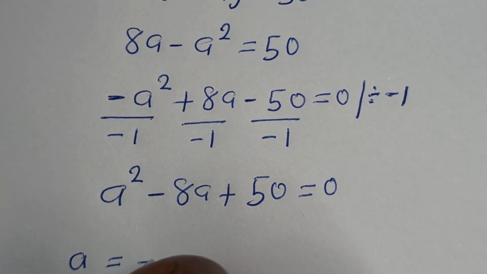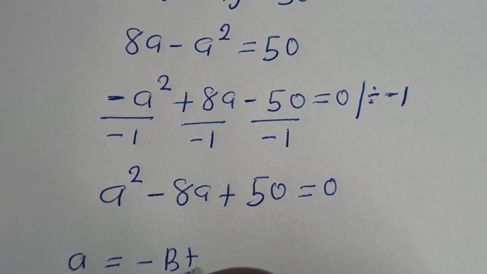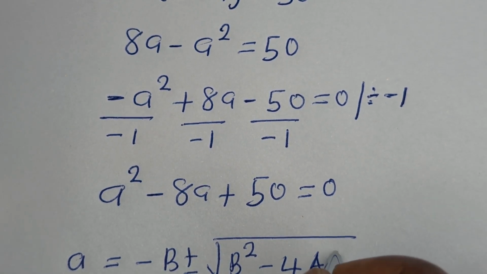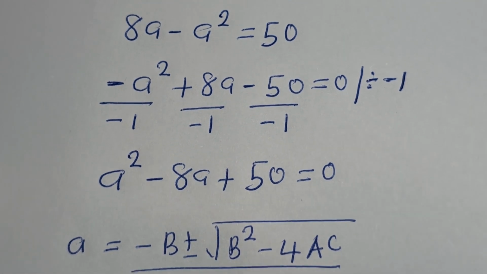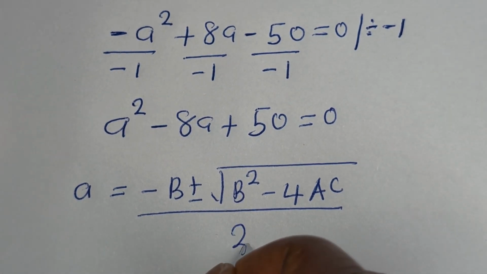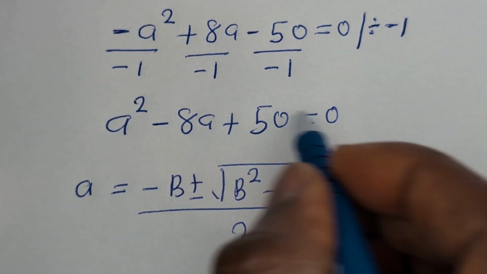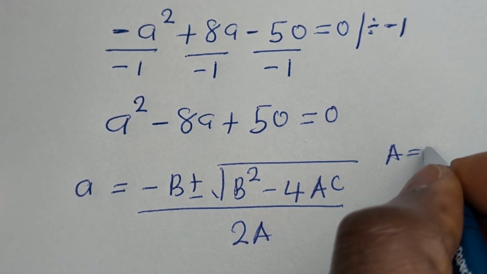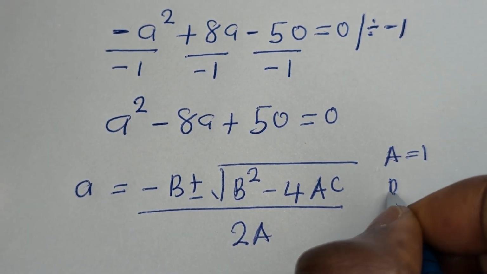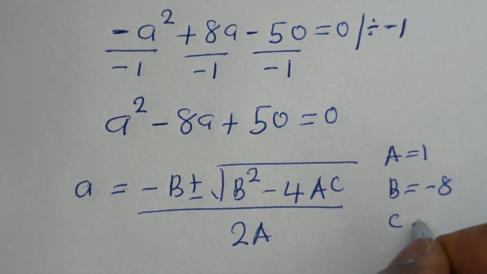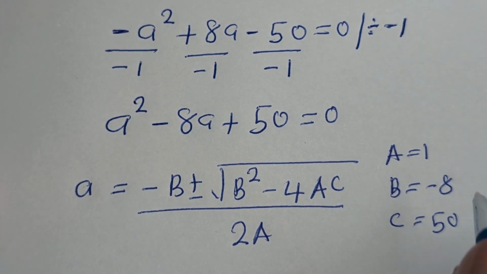a is equal to minus b plus or minus square root of b square minus 4ac over 2a. And from this equation, a is equal to 1, b is equal to minus 8, c is equal to 50.